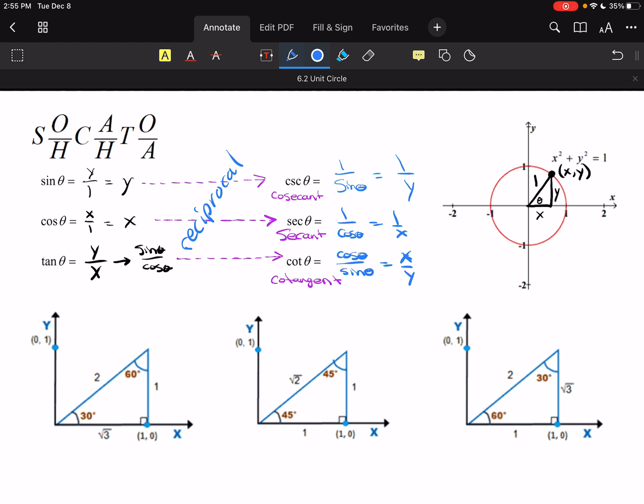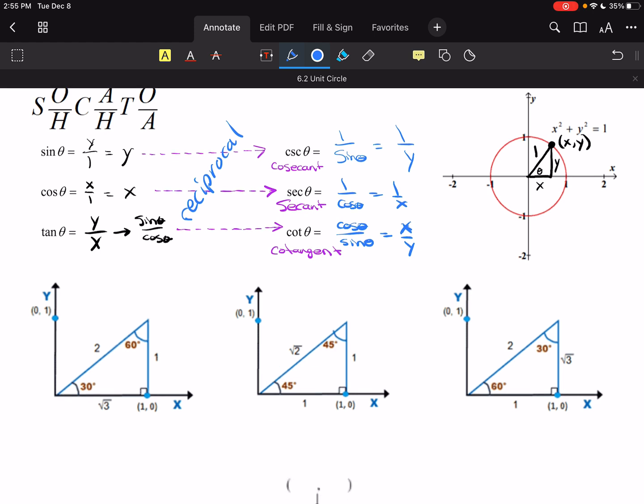Now, to get a hypotenuse of length 1, so that my special triangles fit inside of my unit circle, I'm going to have to do some dividing.